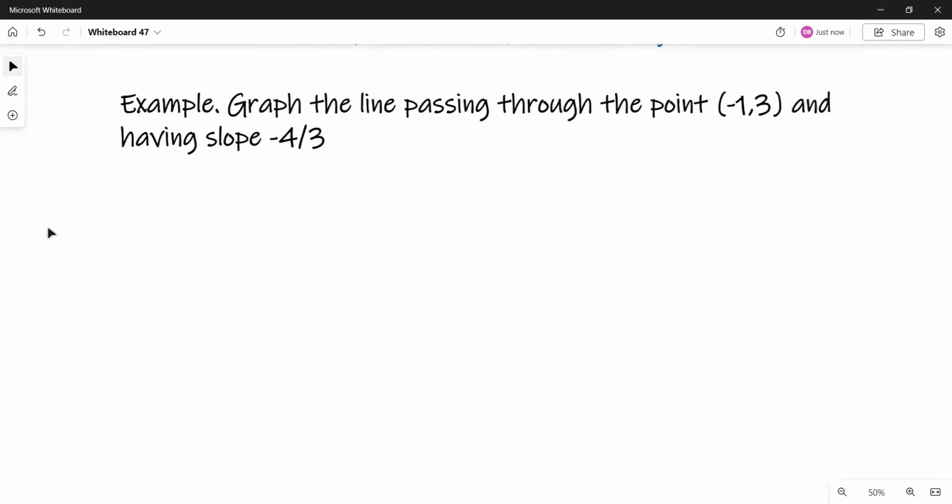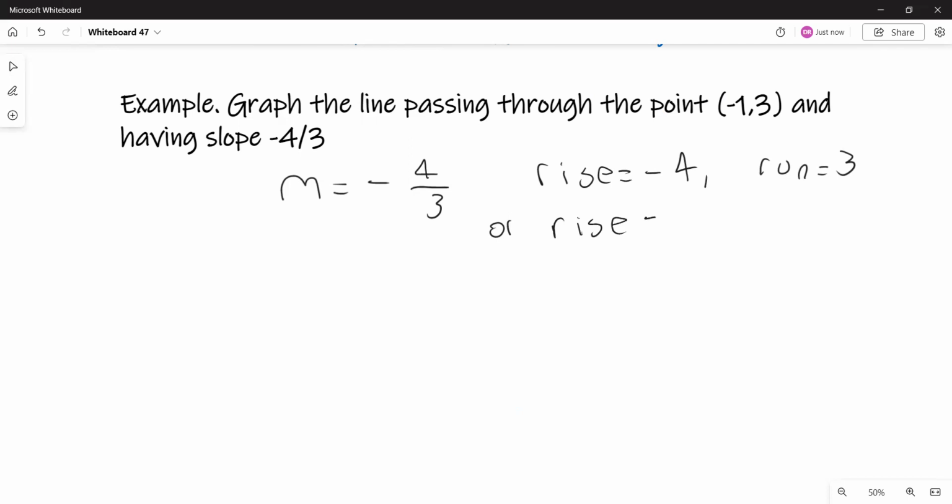Okay, so we're going to use the fact that if the slope is negative 4/3, either the rise is negative 4 while the run is 3, or the rise is 4 while the run is negative 3.